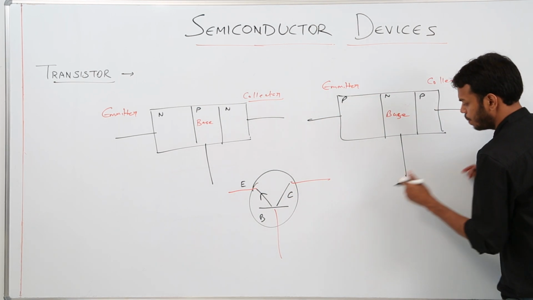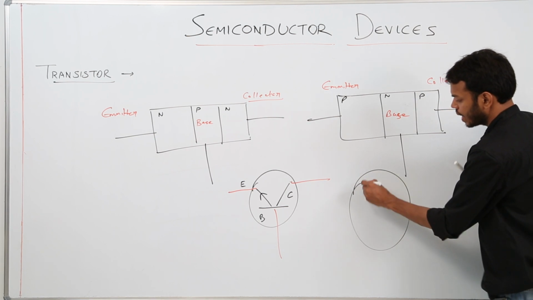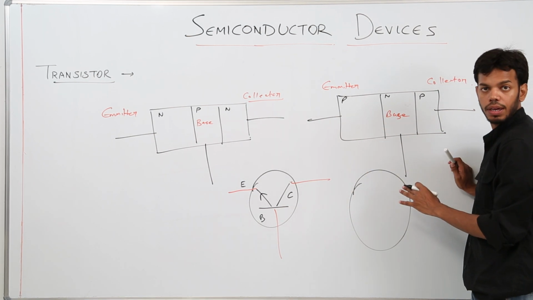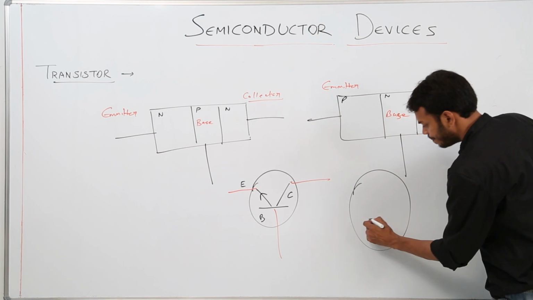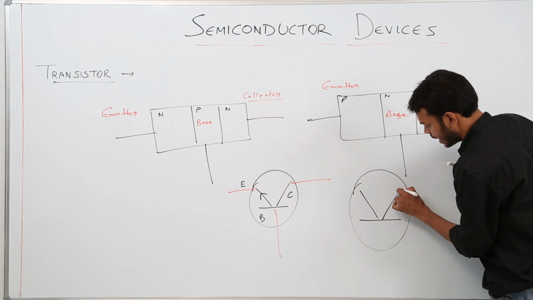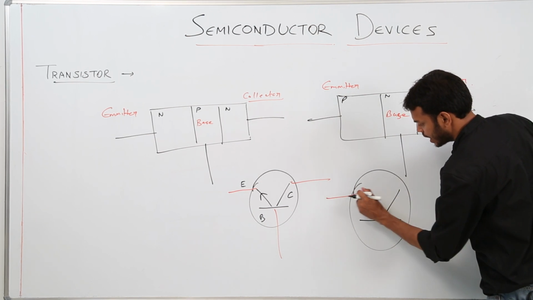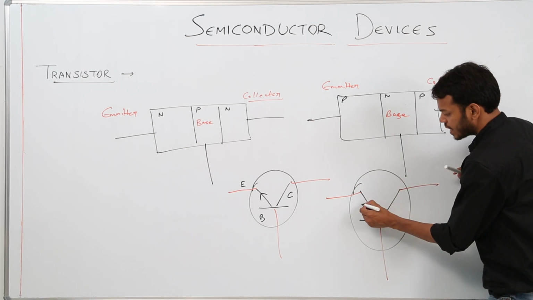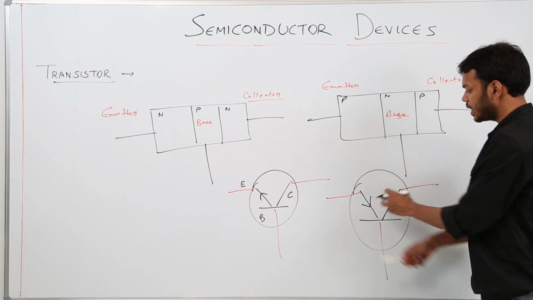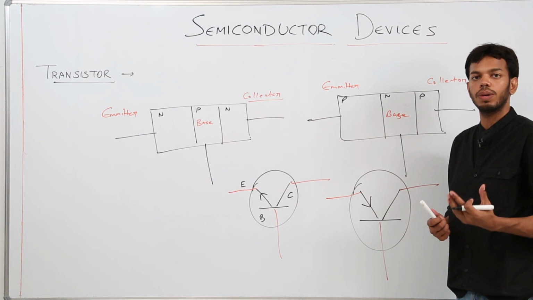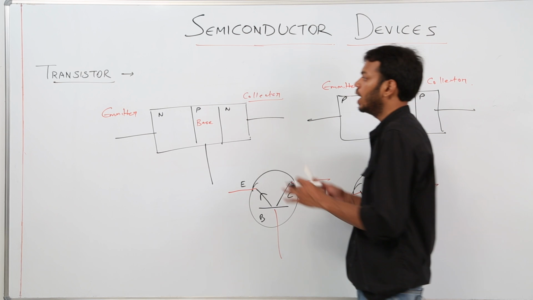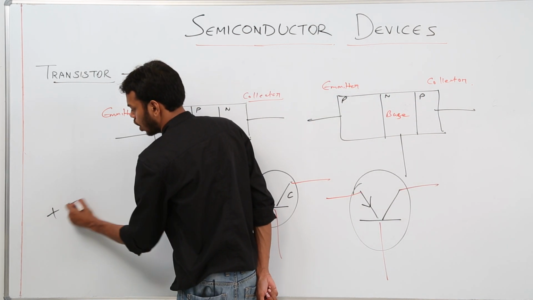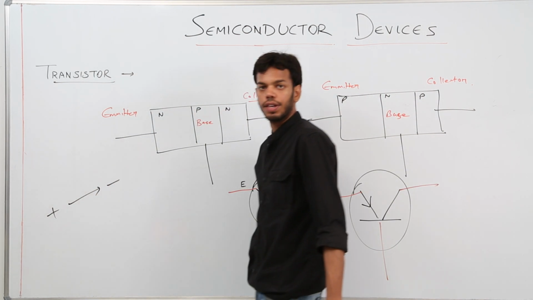So what must be the difference between NPN and PNP? There has to be some difference. See, these are the 3 connections I am making for the circuit. The difference lies in the direction of the arrow, and this represents whether it is an NPN or a PNP transistor. How? We know that current flows from positive to negative, right?